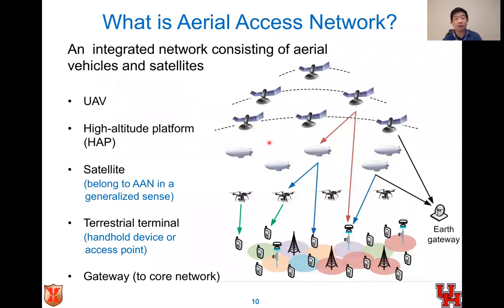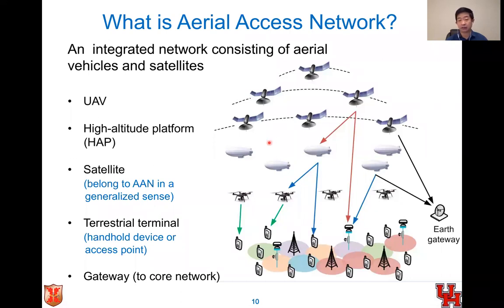The components of the area access network consist of the satellite, UAV, and the HAP, which I will discuss later. And also we have the terminal, such as handheld devices or access points, and I will tell you later what's different. And also we have the gateway.